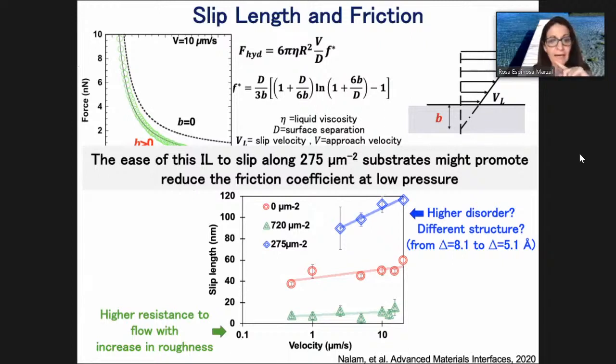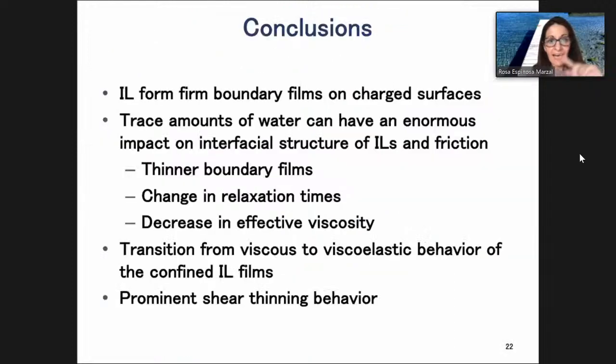That's all. I have a slide with conclusions, very briefly. I started with talking about the boundary films and the layer structure. I showed how trace amounts of water can have an important effect on the structure of the films. It makes them thinner, it changes relaxation times, and it decreases the effective viscosity.